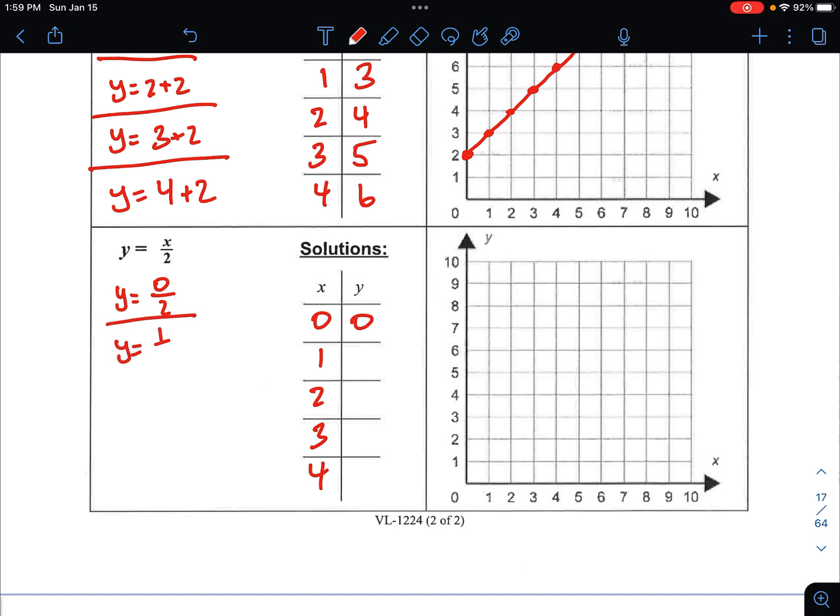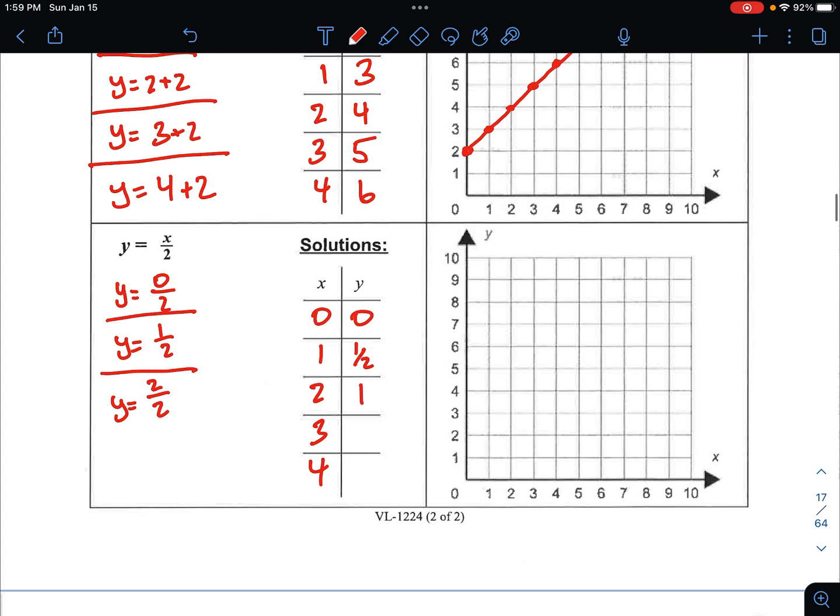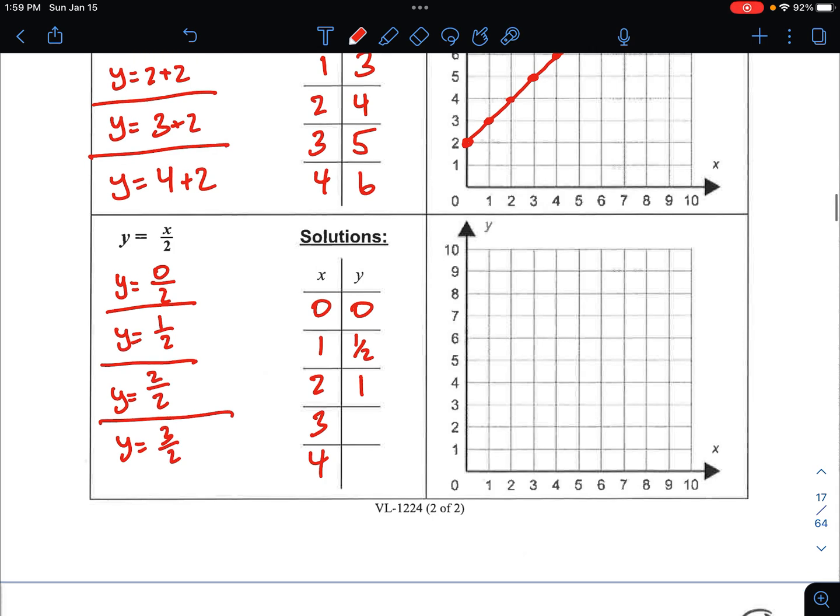When x is 1, you have 1 over 2, 1 half, and that's what I mean. 1 half isn't the greatest answer. You could have avoided that if, let's see, when x is 2, what's y equal? That's 2 over 2, which is just 2 divided by 2, which is 1. When x is 3, you have 3 divided by 2, which is 1.5.